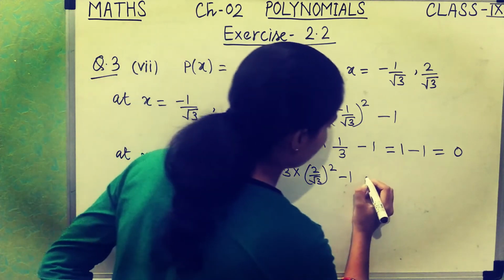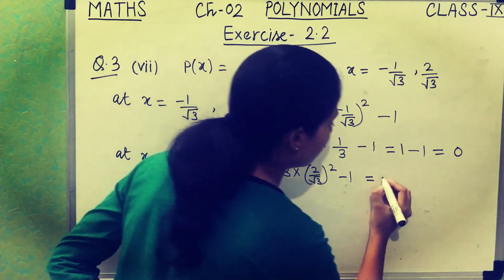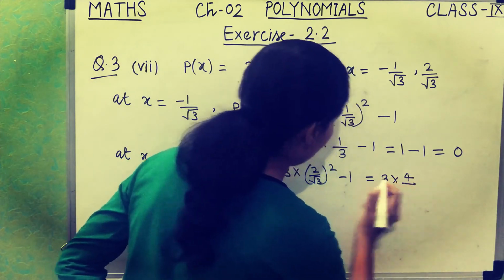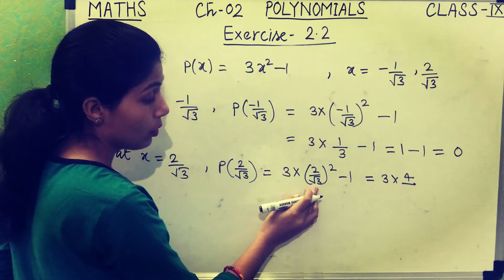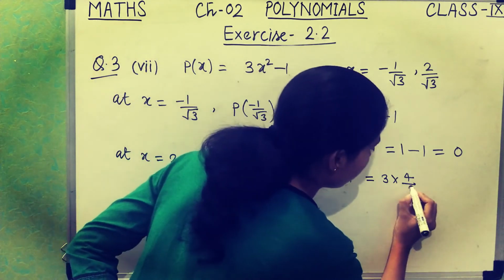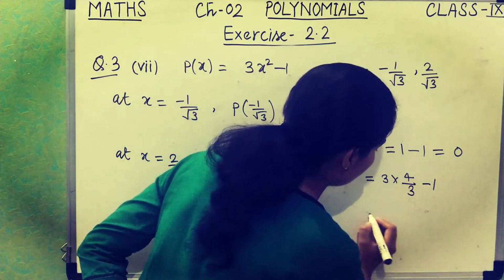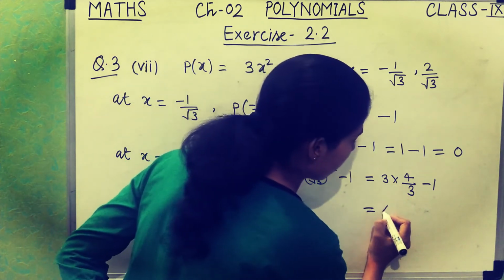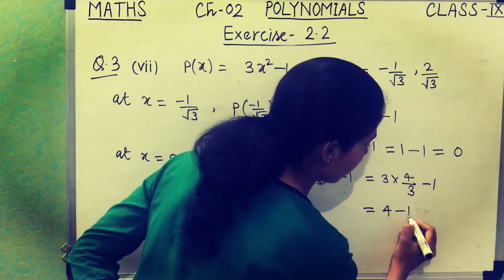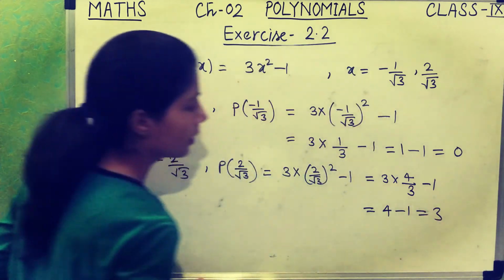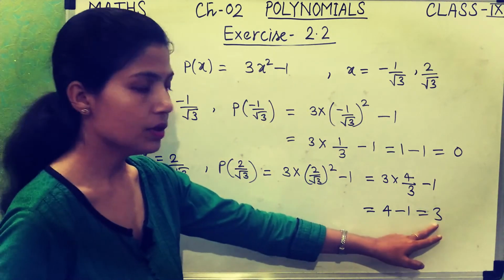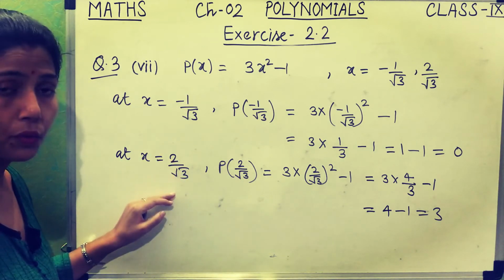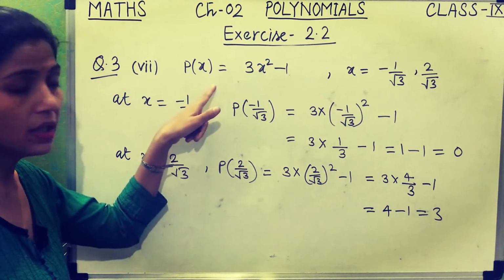So 3 into the square of 2 will be 4 upon the square of root 3, which is 3, minus 1. So 3 will be cancelled with this, and it is left with only 4 minus 1, that is 3. Okay, so it is a non-zero value, that is 3. It means x equals to 2 upon root 3 is not a 0 of this polynomial.